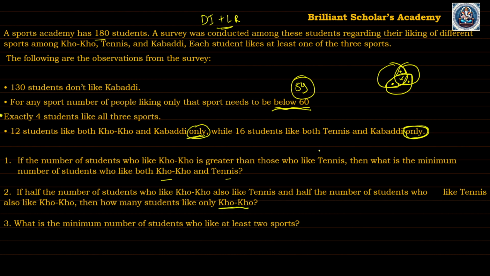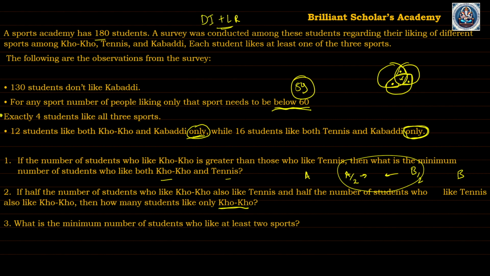So if I tell you there's a number A, half of that number belongs to something, there's a number B, half of that number belongs to the same overlap, both. This indirectly proves people participating in Kho and tennis must be equal. So learn to get hold of this kind of information in exam.